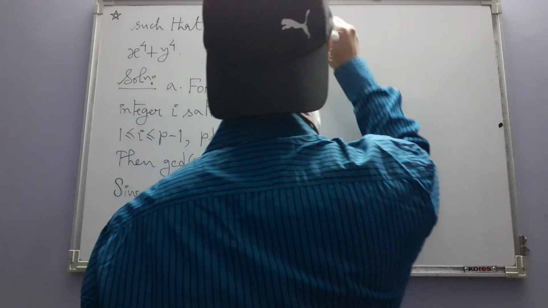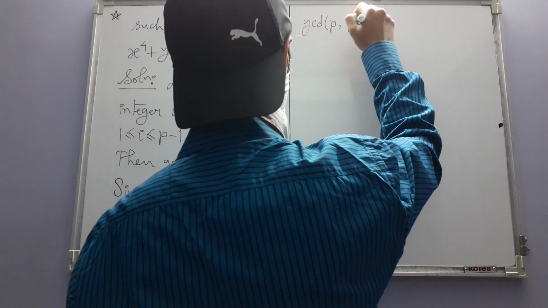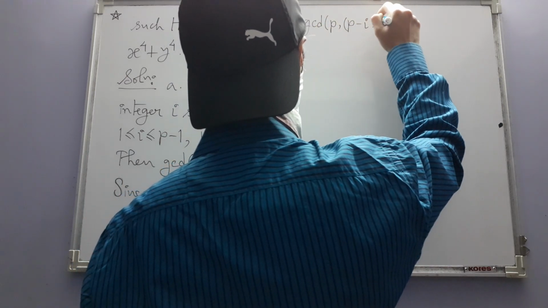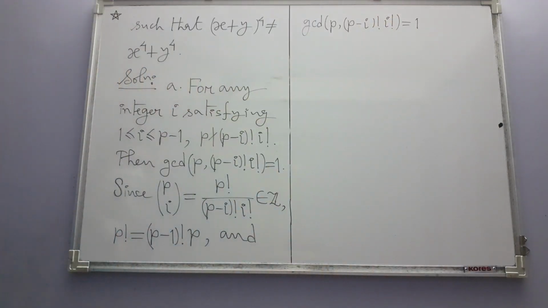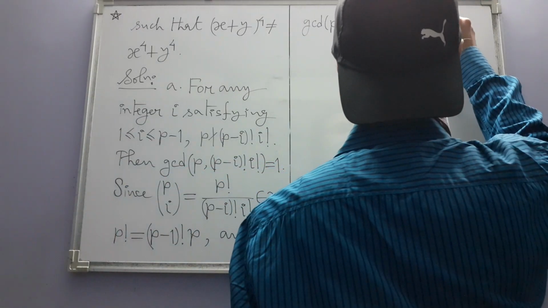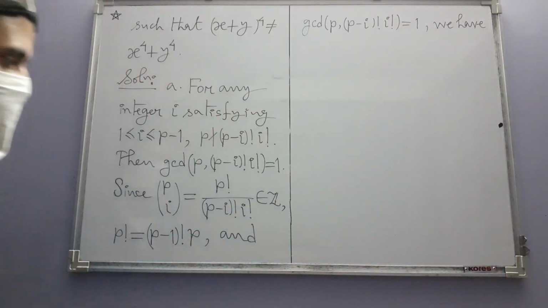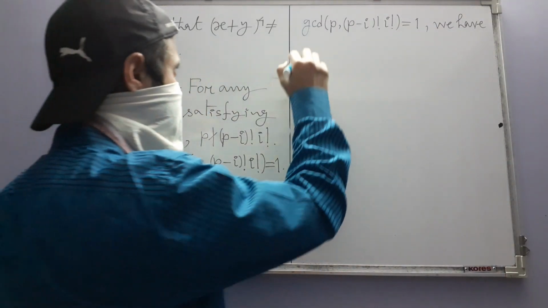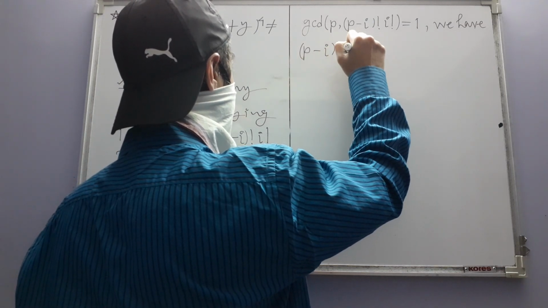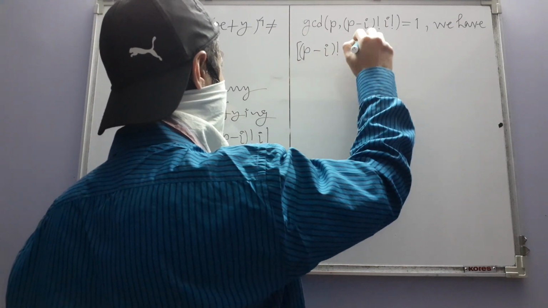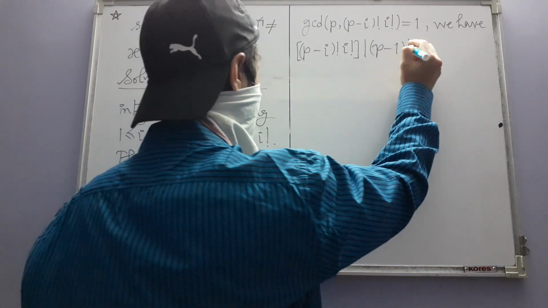And since this GCD is 1, we have this dividing (P minus 1) factorial.